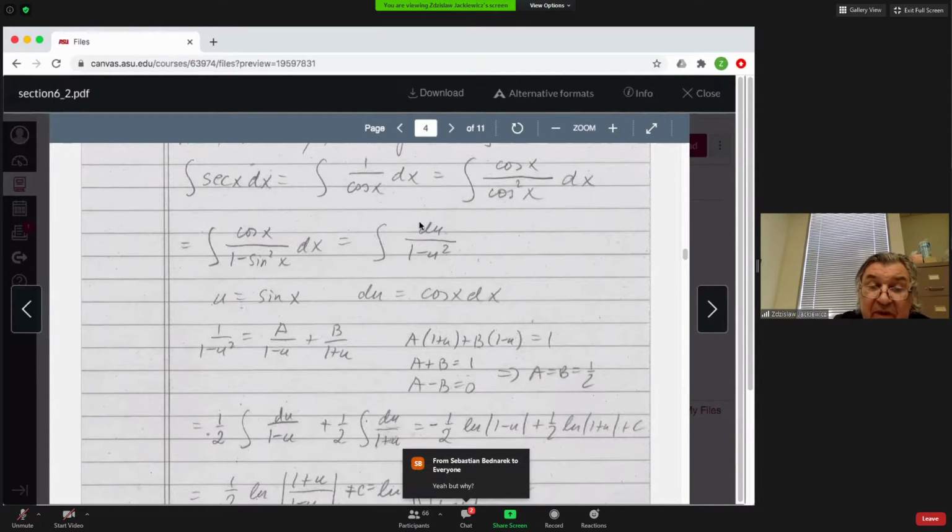Well, that's a rational function. We have 1 over 1 minus u squared. That's a polynomial divided by a polynomial, that's called a rational function.